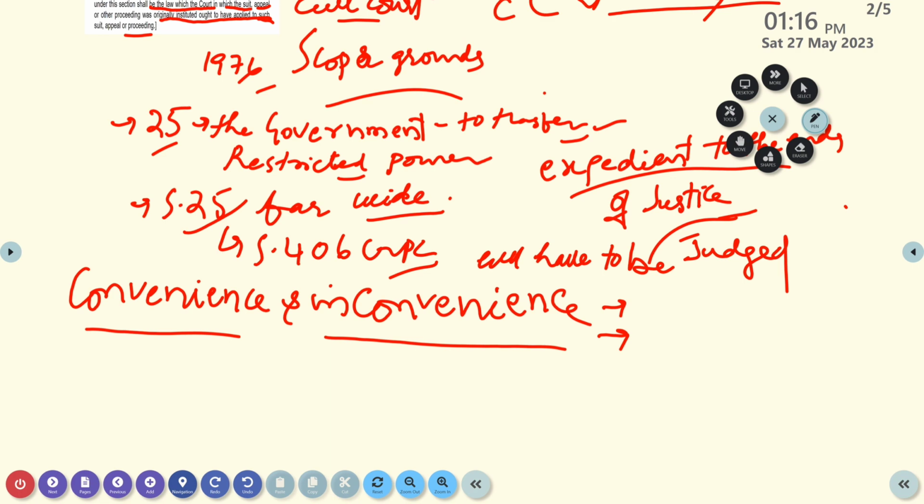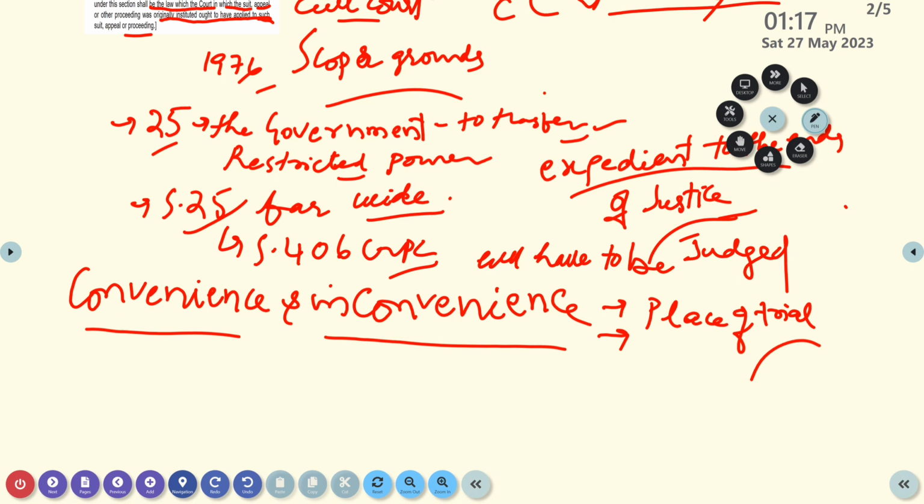Also the convenience and inconvenience of a particular place of trial, having regard to the nature of evidence on the points involved in the suit, can be taken into consideration.